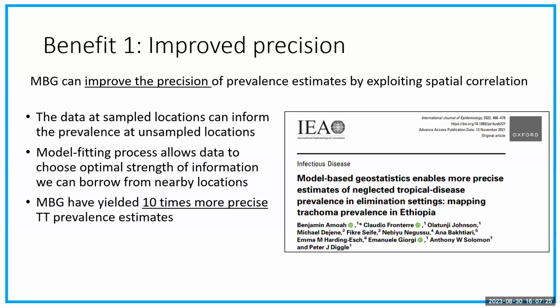The model fitting process allows the data to choose the optimal strength of information we can borrow from nearby locations. The previous study analyzed the TT data from Ethiopia and shows that MBG has yielded 10 times more precise TT prevalence estimates than the current standard methodology.